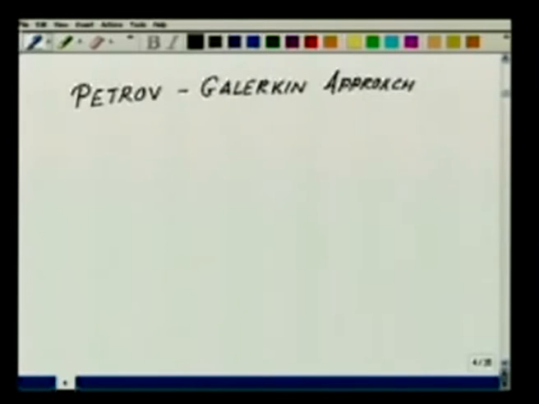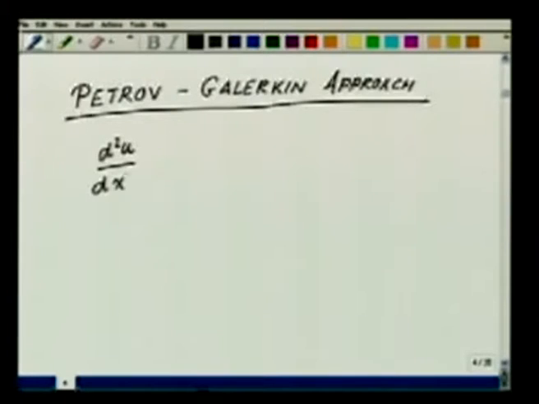And we see here again, we had already highlighted these issues in the previous lectures. Note that in this problem, the second derivative of u is involved in the integral, while only w is involved. So in defining these functions for u and w, there is a disparity.